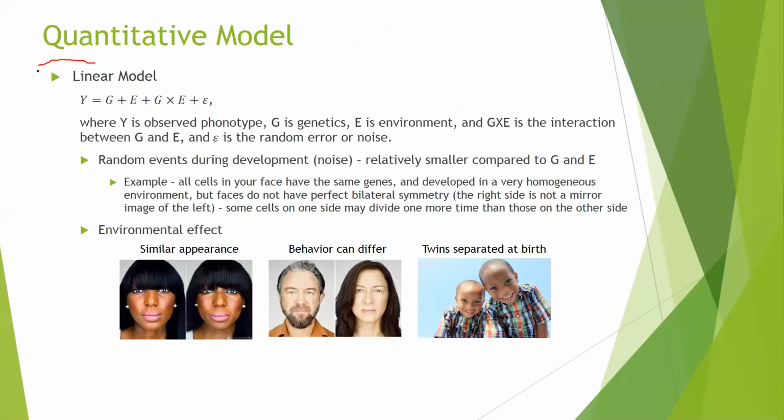So as I mentioned, we can use a linear model to study the relationship between the phenotype and the genotype and the environmental factors and their interactions. So we can use this linear model to explain the relationship between the phenotypes and all the factors.